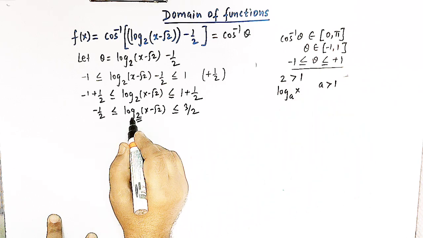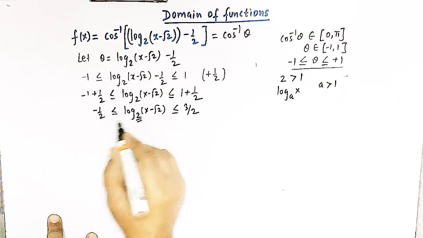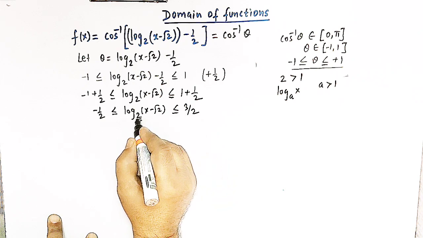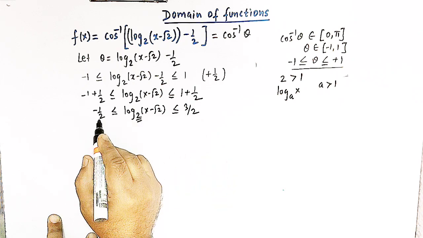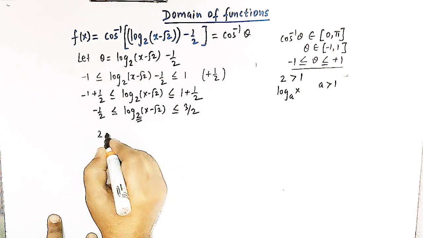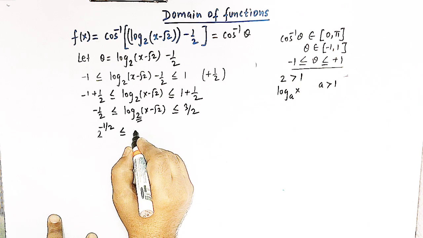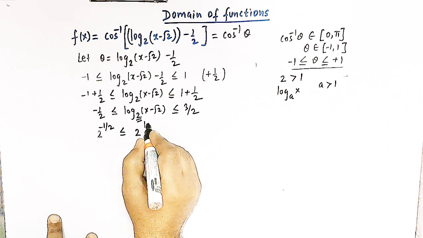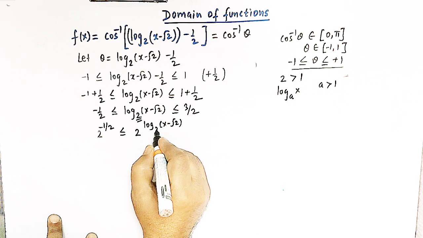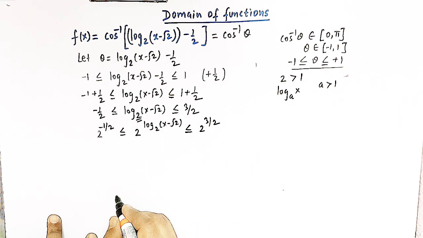So here what we will do, we'll get rid of this log function by raising these three quantities to the power of 2. So raising these three quantities to the power of 2, we have 2 raised to minus half, here we have 2 raised to log of (x minus root 2) to the base 2, and here we have 2 raised to 3 over 2.